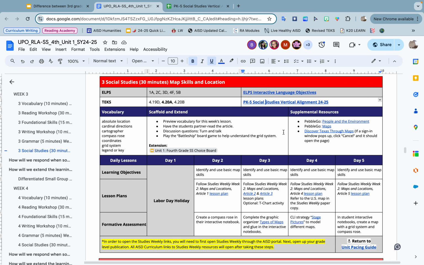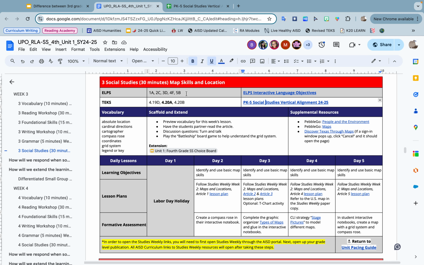Going back to the unit planning organizer, below the ELPs and the TEKS, we see the vocabulary for this week. These are some key vocabulary terms that are academic vocabulary. We have a scaffold and extend section. This is going to have different ideas for how to scaffold the lesson to support different learners, relating to reading and to speaking.